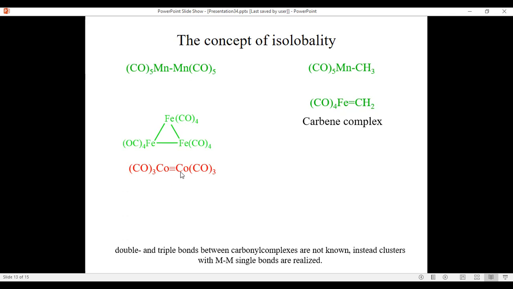The carbonyls have a tendency to make clusters instead of multiple bonds, and therefore, a cluster molecule is being preferred. In this case, the cluster molecule would have to have 3 single bonds, and each cobalt would need to make 3 single bonds to 3 neighboring cobalts.